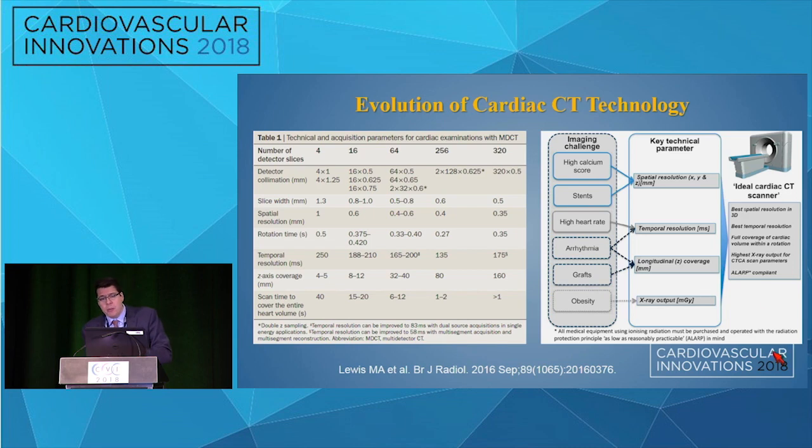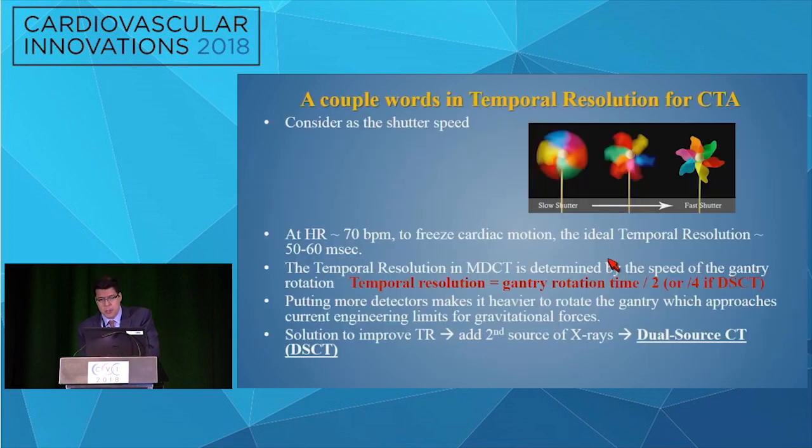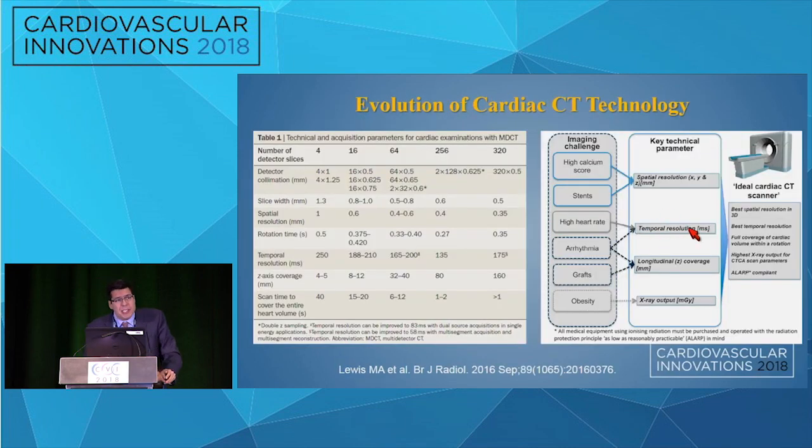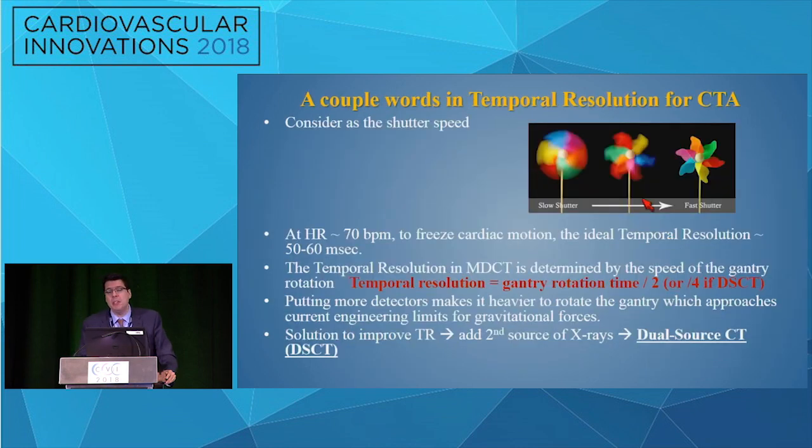And so with atrial fibrillation and high heart rate, we need to deal with CT scanners that not only will provide very extensive coverage, the more detectors, the higher the Z-axis coverage, but you also have to have temporal resolution. And what is temporal resolution? Think about temporal resolution as the shutter speed. You have this fan blowing very fast. If I need to stop the motion and be able to see each one of the colors, I have to click quite fast.